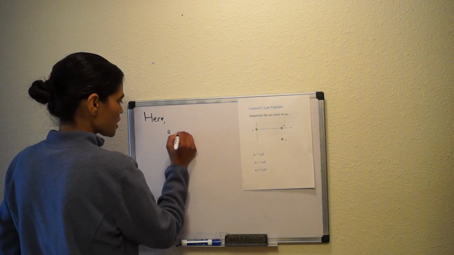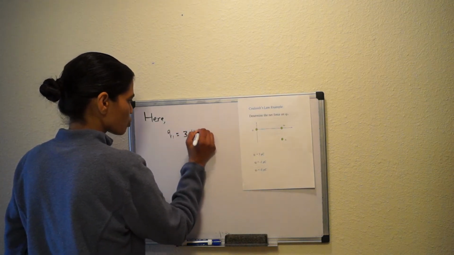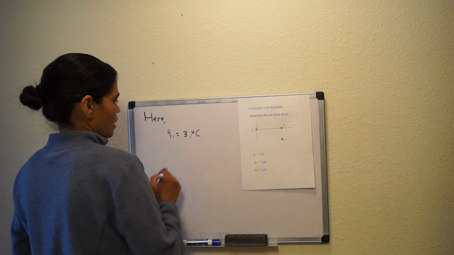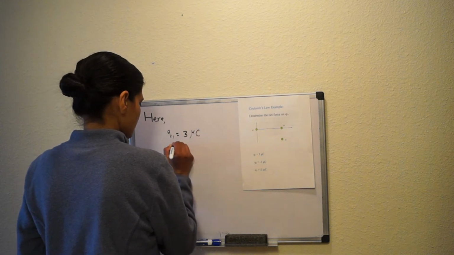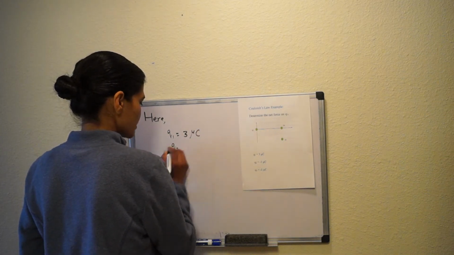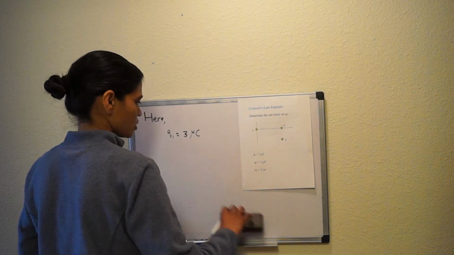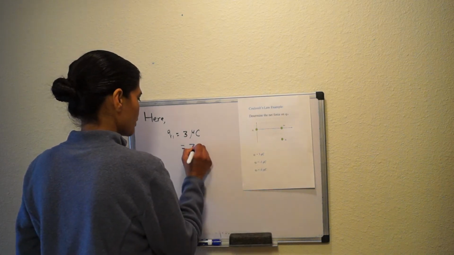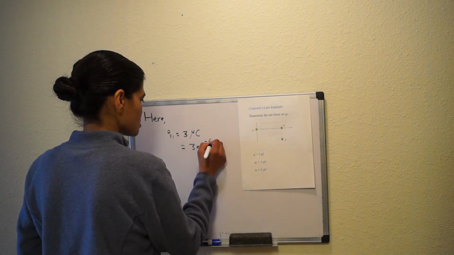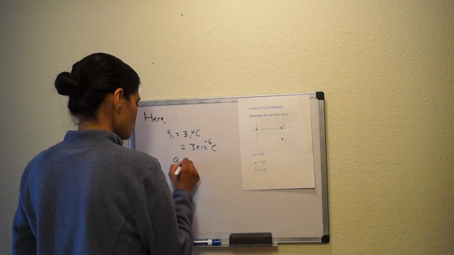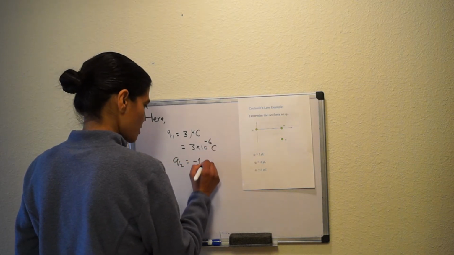You are given Q1 equal to 3 microcoulomb. Let's convert this into Coulomb: 3 times 10 to the power minus 6 Coulomb. Q2 equal to minus 1 microcoulomb.